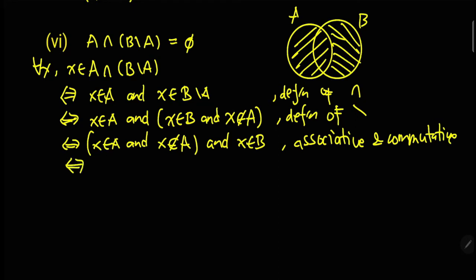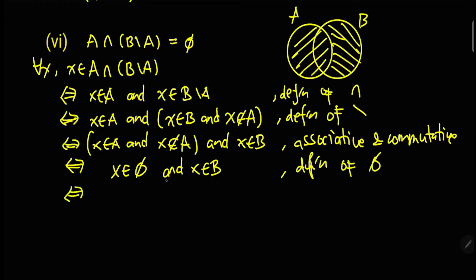But we have yet again another contradicting statement, x is in A and not in A. So that can only mean that x is in the empty set and x is in B. So that's the definition of the empty set. Now by the definition of intersection, since we have an AND, x is in empty set intersection B.